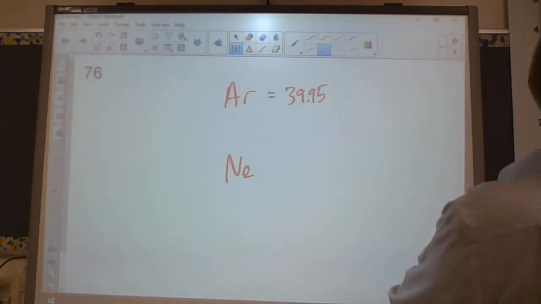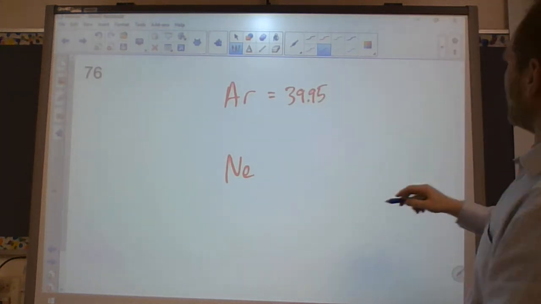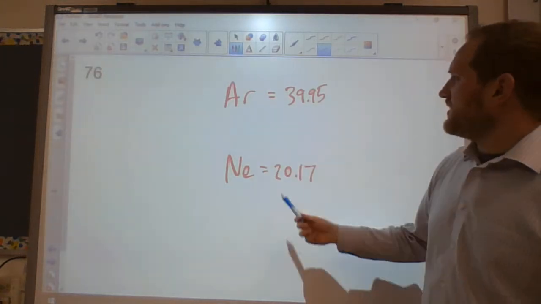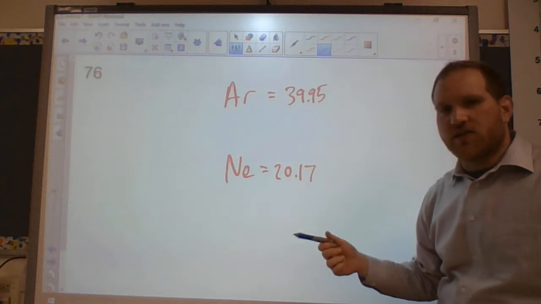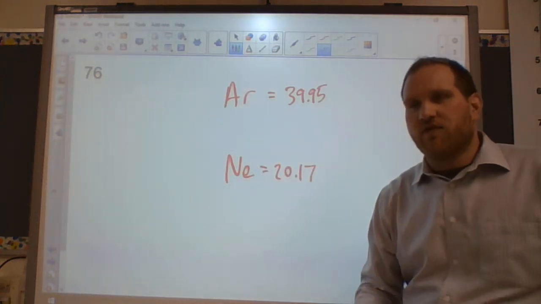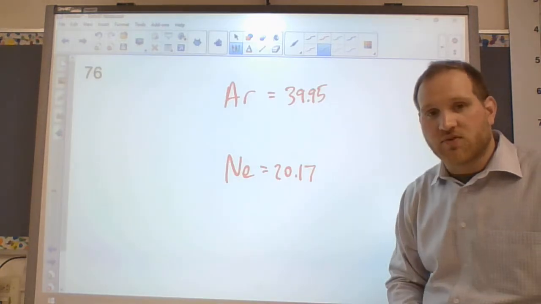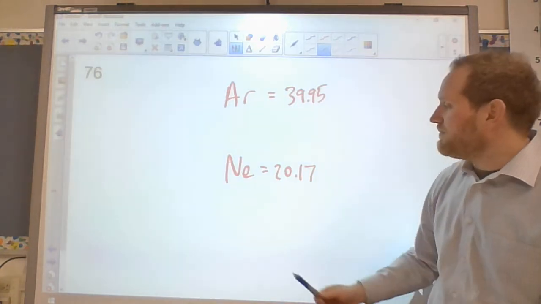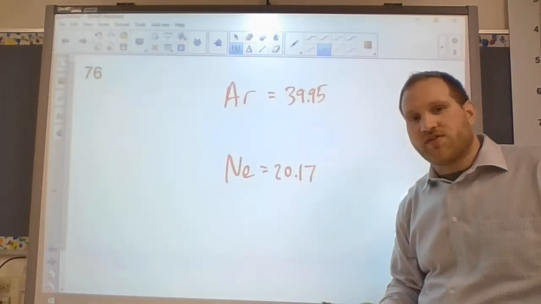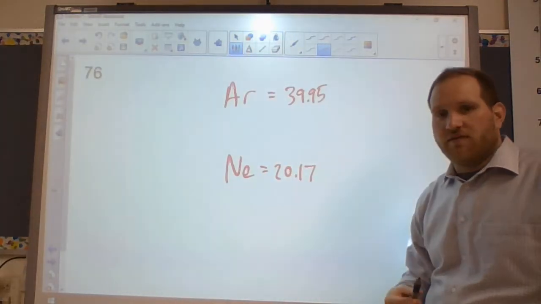Neon, molar mass of 20.17. So you can see that the argon is about twice as heavy as the neon. These are both noble gases. They can't possibly have any polarity to them, so they only have London dispersion forces. And because neon is smaller, it's going to have weaker London dispersion forces than argon, and that's why it's going to have the lower boiling point.